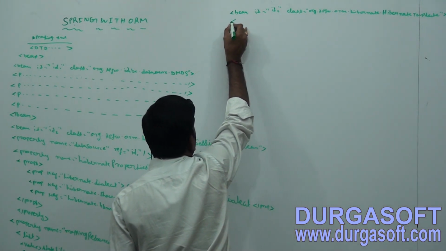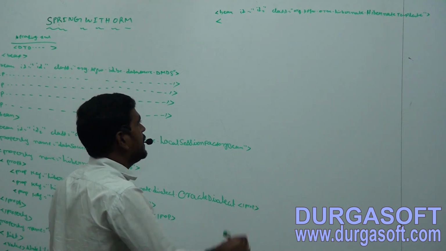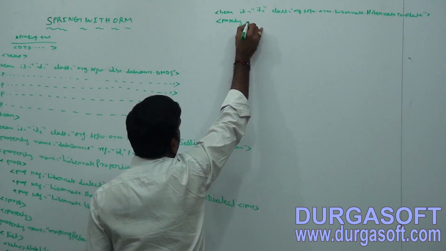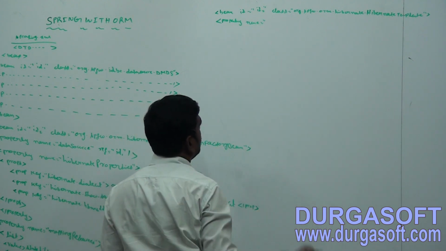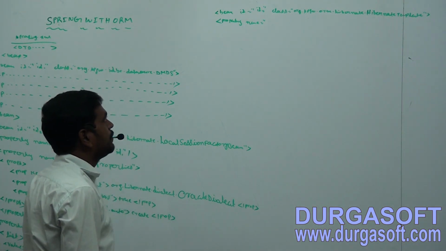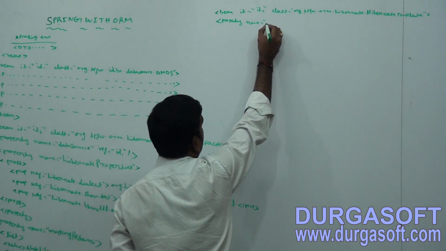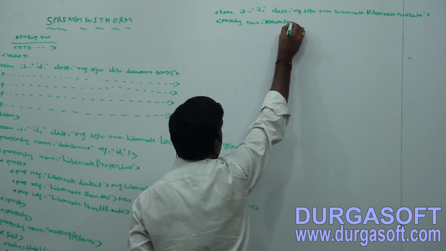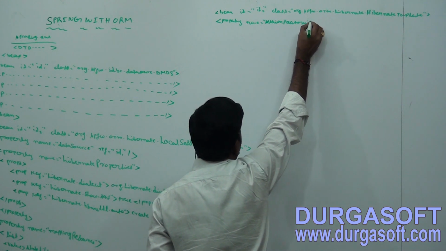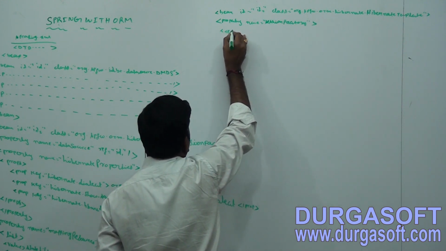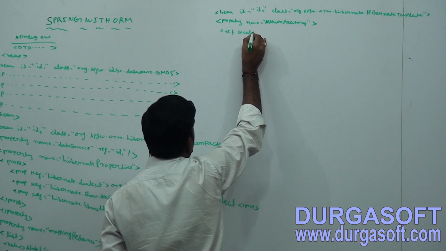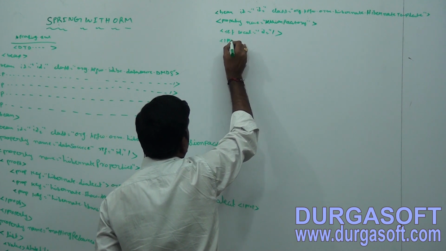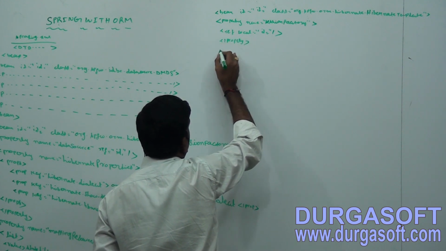After that, property name is equal to sessionFactory, F is capital. Then ref local is equal to id2. Then close the property, then close the bean.